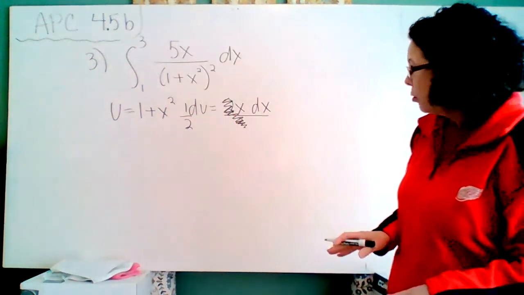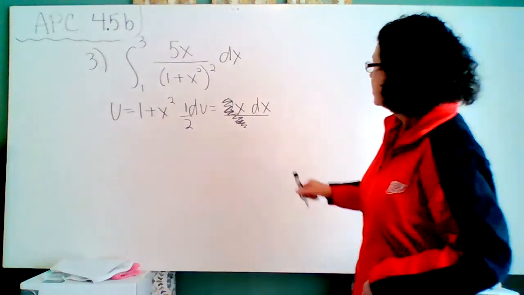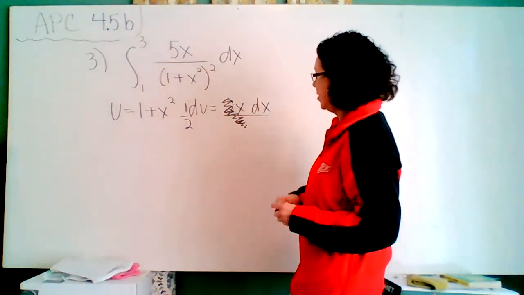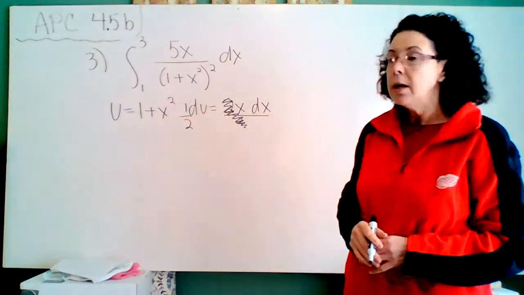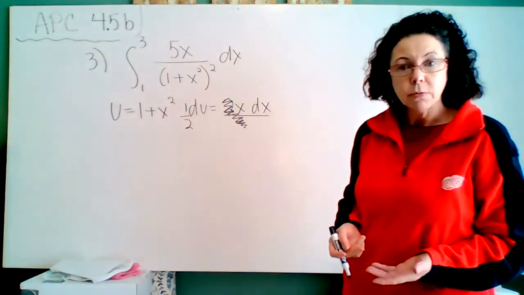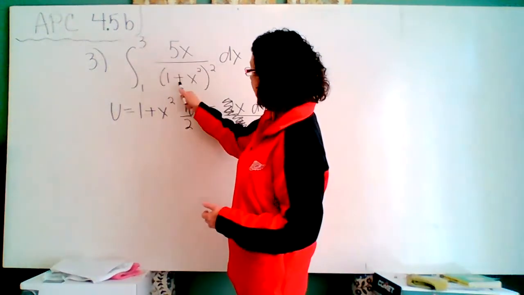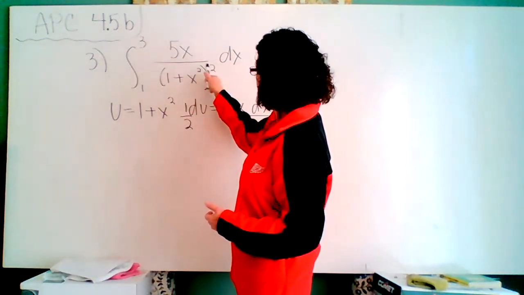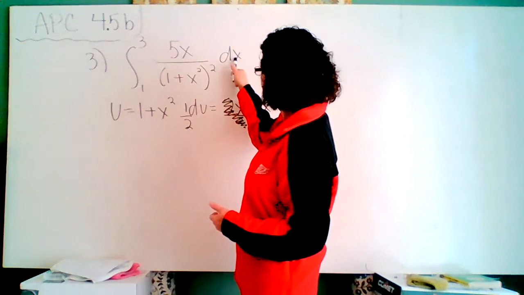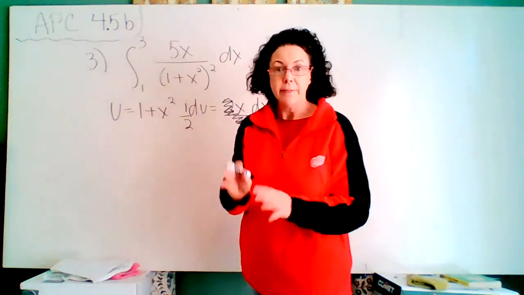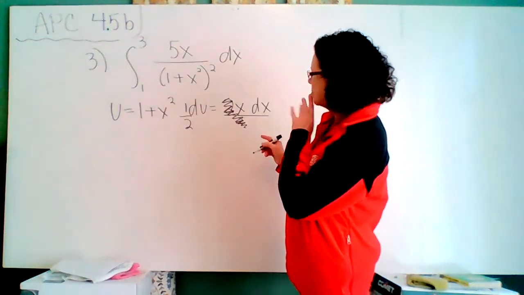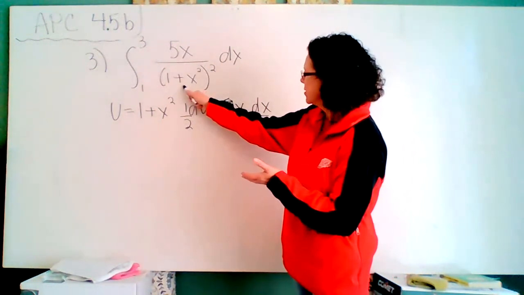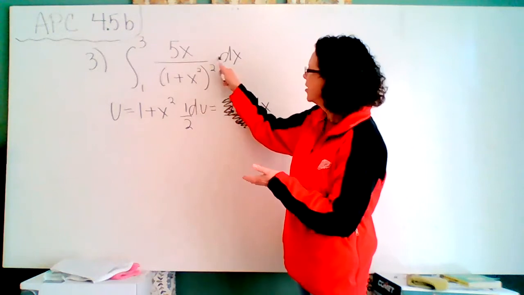So when I replace this x dx here, I am going to replace it with a 1/2 du, right? So there's a couple things you can do. I have a u squared, and here I have 1/2 du and a 5. I'll just write the 5 again. But at the same time, I like it perfect. Perfect substitution here, here, here, and here.